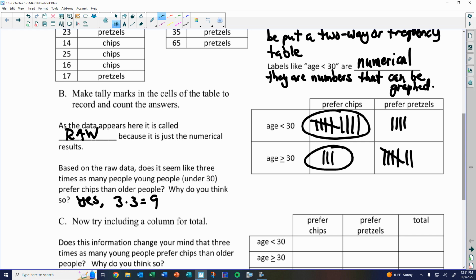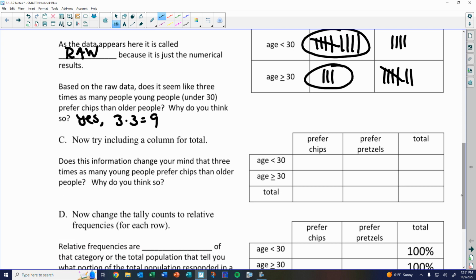Now watch, we're going to try to include a totals column. We said already that this was 9, this was 3, this was 4, and that was 7. How many total people were there that were under the age of 30? 13, right? 9 plus 4, and across.